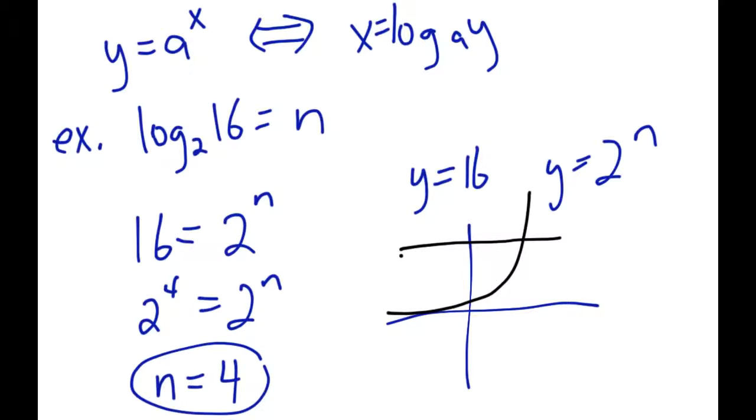Find your intersection point, and that intersection point will happen at x equals 4. So we will get the exact same answer whether you solve mathematically or by graphing. The good news is with graphing it'll always work. The bad news is it takes time to plug in the numbers and find the intersection point. What we're going to look at today is how we can solve these using logs instead of exponents or graphing, and most of you are going to find that it's a better, easier way to go.